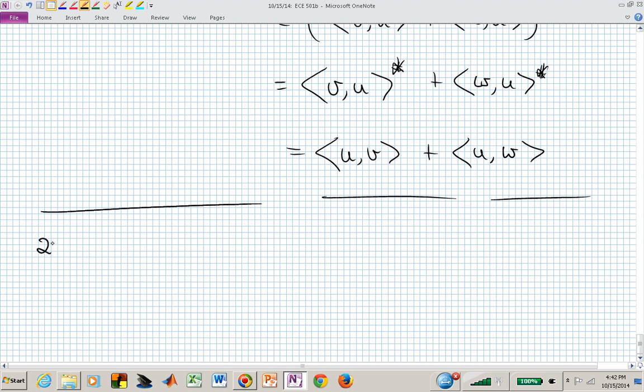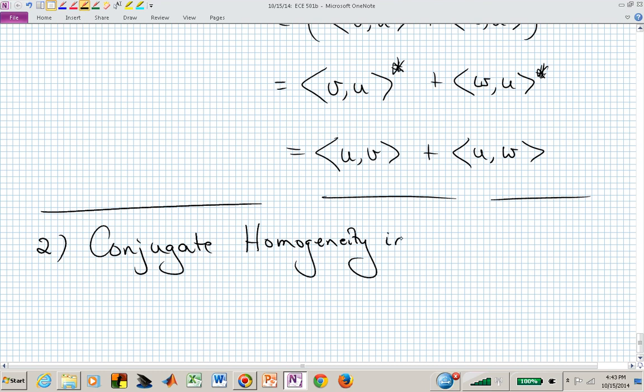Let's now look at the conjugate homogeneity in the second slot, or what's happening to the homogeneity property in the second slot. We are actually going to see that that scalar needs to be conjugated when we slide it out in front of the inner product. So we'll call that the conjugate homogeneity in the second slot.